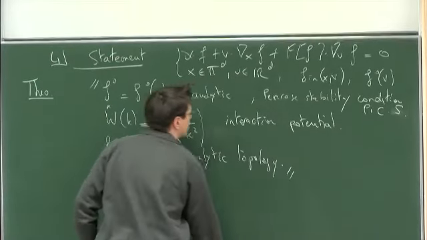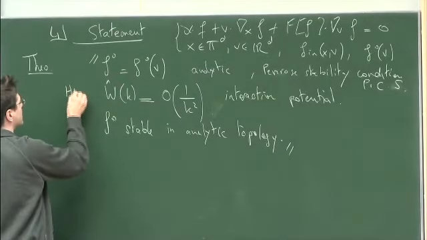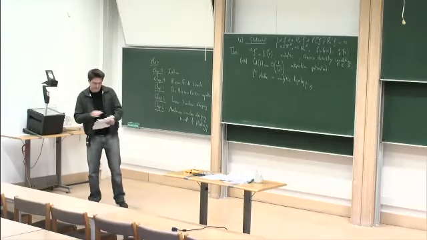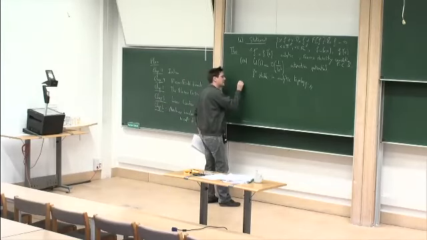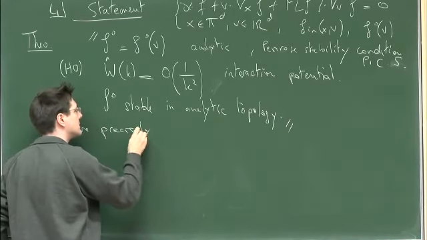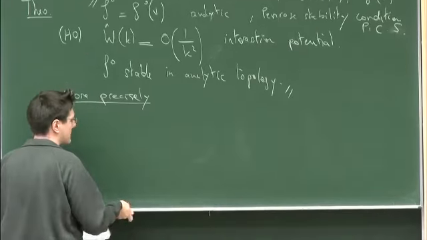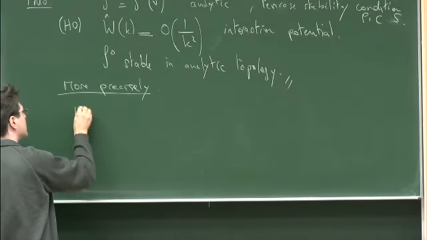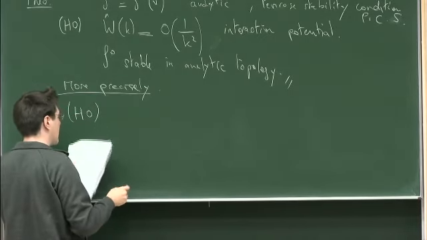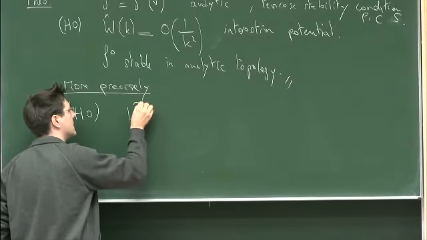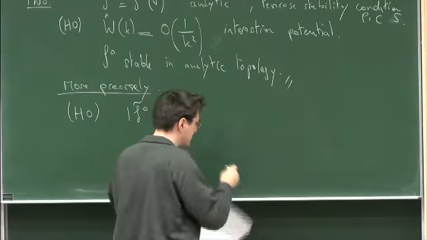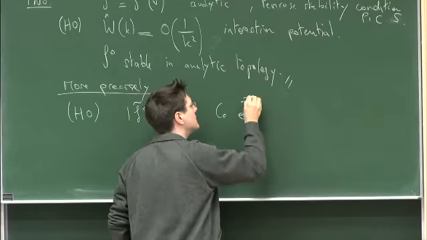And now let me write what it means. So this I will call it H0, because I want to comment on the assumption later on, so I will label them. And more precisely, what we assume are the following. So this H0 which is about really the structure of the equation. H1 is the assumption of the stationary profile, so I assume analyticity in the following way.